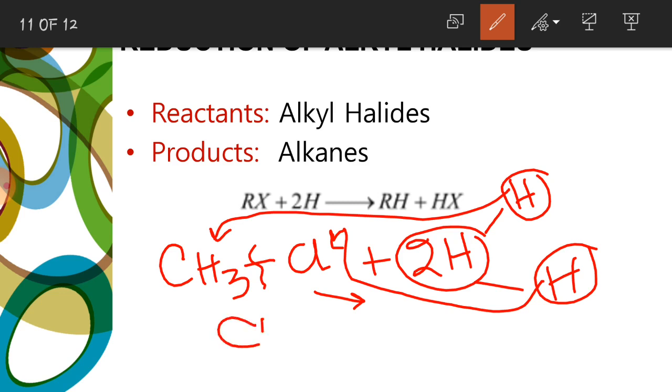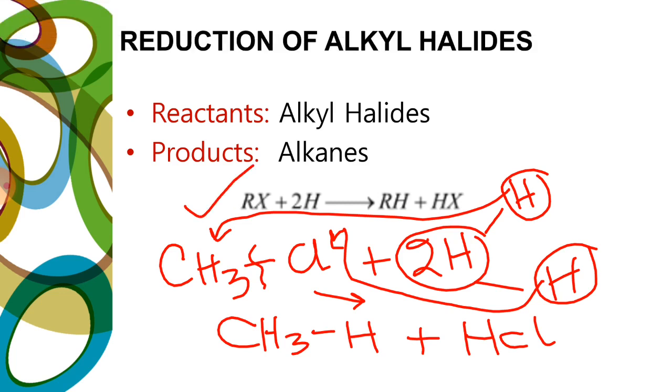So it results in the formation of methane plus HCl. So this is the example for the reduction of an alkyl halide.